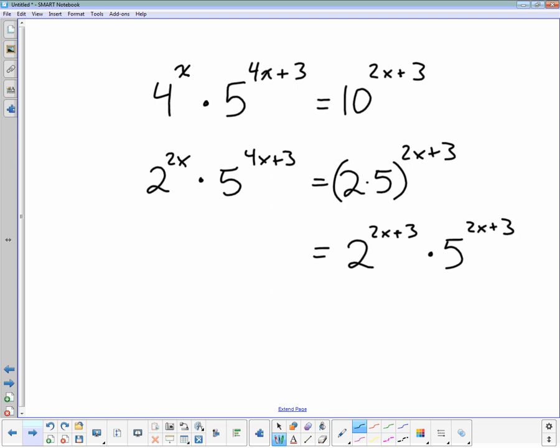And now it's not as bad as it looked. You see? Now it's not that bad. What do I want to do now? Divide. Put the 5s together and put the 2s together, because then you have bases similar to each other.